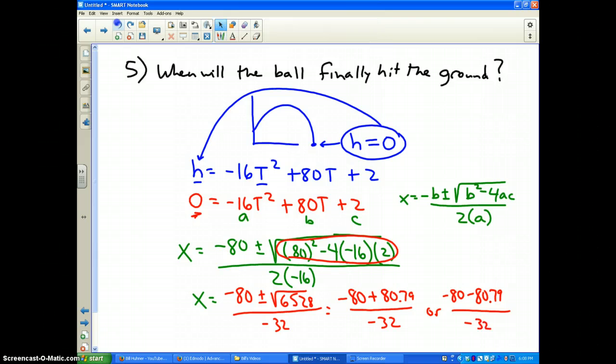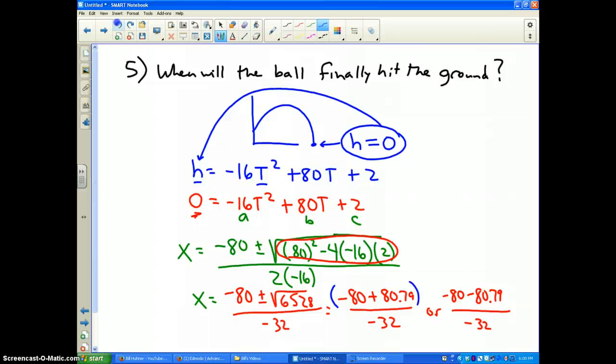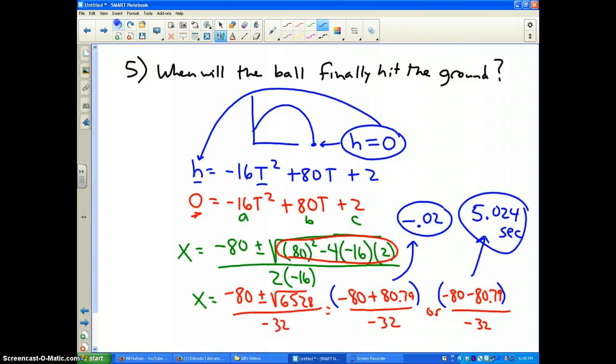Now I'm going to do a little bit of erasing here so I have a little bit of room. If you actually type these in your calculator, put these in parentheses if you're going to type the whole thing in. This answer comes out to be negative 0.02 seconds, and this answer comes out to be 5.024 seconds. Now, which one makes sense?